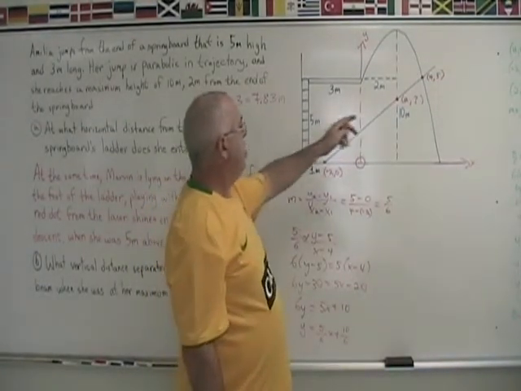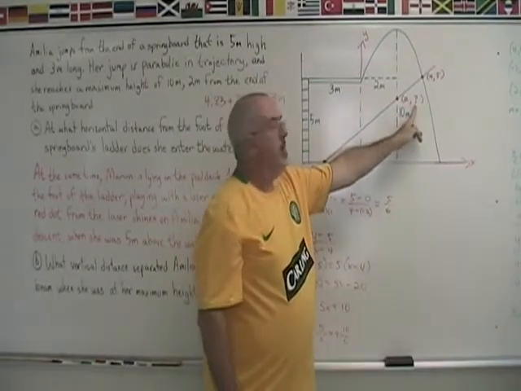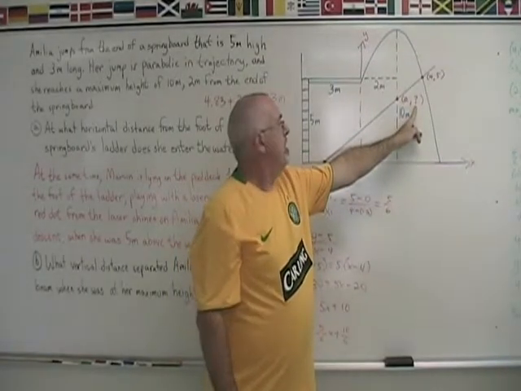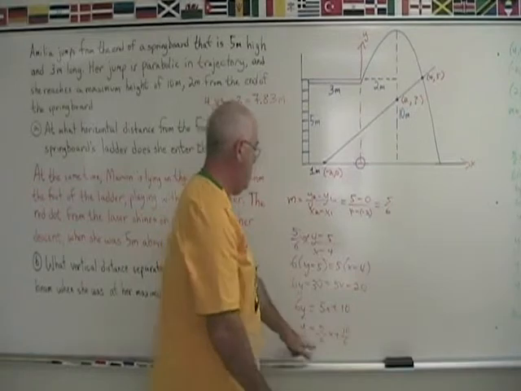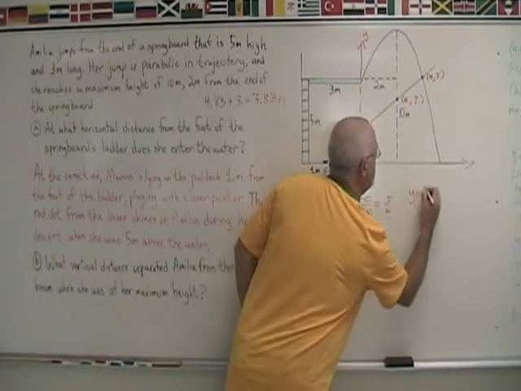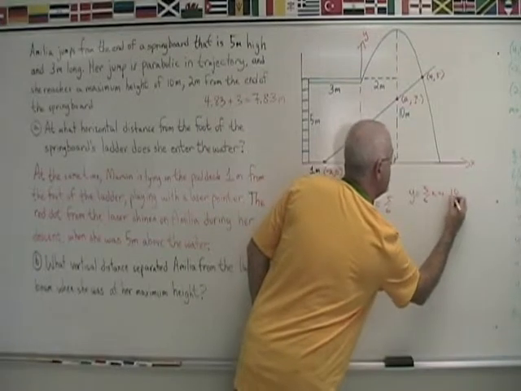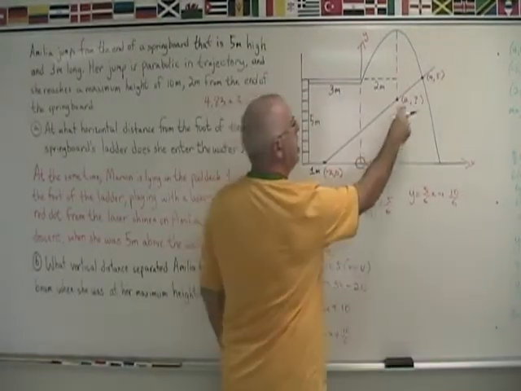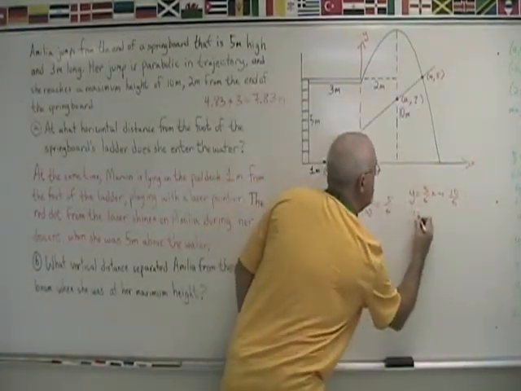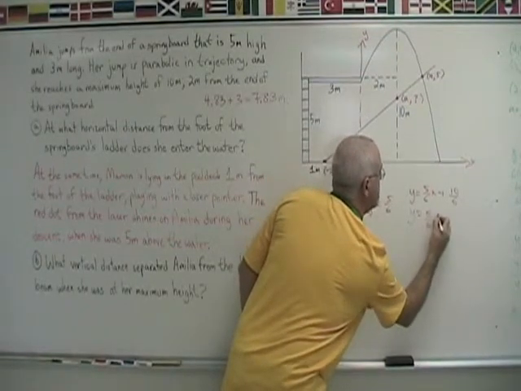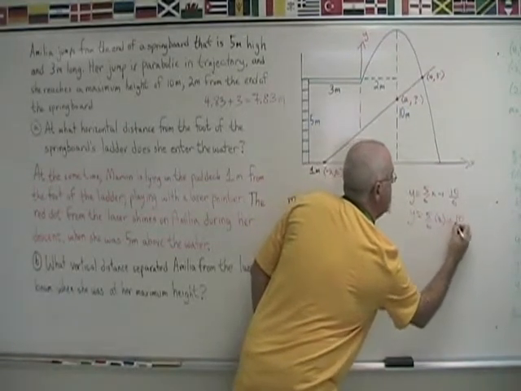Now, to find the point that we're looking for, we just need its y-coordinate. We already know the x-coordinate is 2. So we take this equation, y equals 5/6 x plus 10/6, and we plug in x equals 2 into that. y equals 5 over 6 times 2 plus 10 over 6.